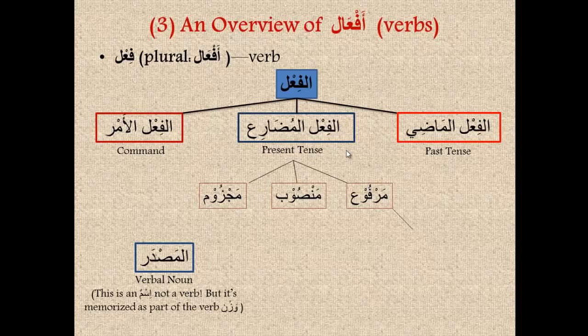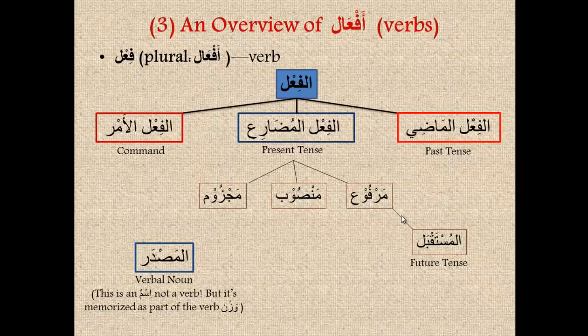And again, you may be wondering, where does the future tense fall in all of this? The future tense is simply an extension of the marfu' verb. It's called al-mustaqbal, and that's the future tense. In fact, it's actually identical to the marfu' verb, the fi'l mudari' marfu'. You simply add a particle, a harf, in front of it. So this is the full splitting tree of verbs in Arabic.